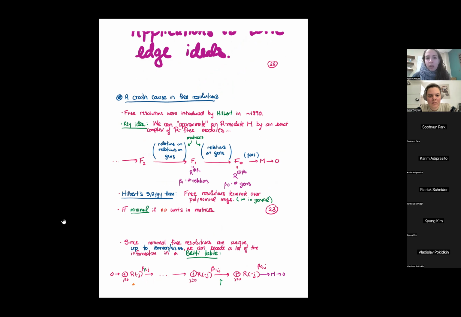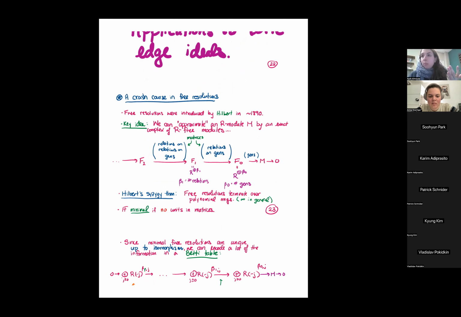So the key idea here was introduced by Hilbert in 1890 or so. The way that you can think about it is the following. If you are given a module and you want to understand its structure: for a vector space, it's sufficient to just give the basis.